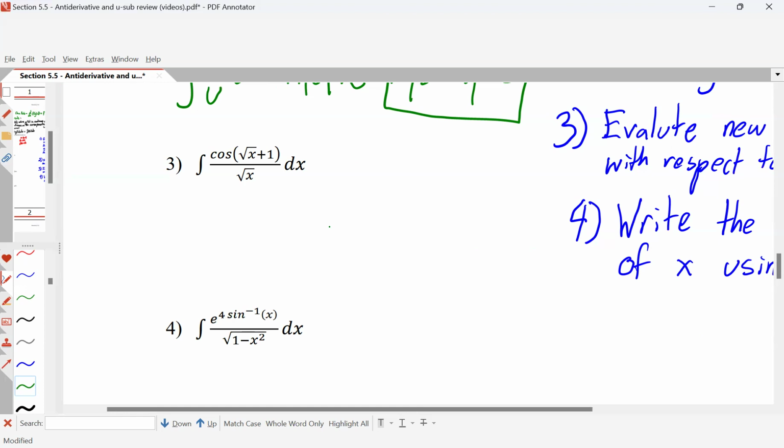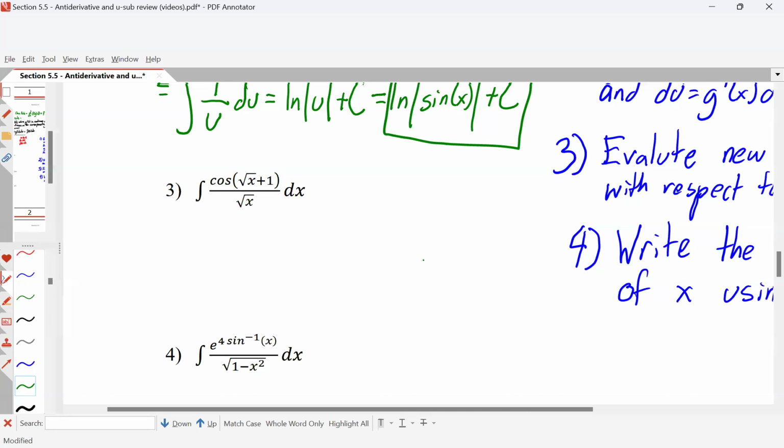In the last two examples, what we took to be u was the denominator, the square root x. However, in this case, there's a lot more going on in the numerator than there were in the previous examples.